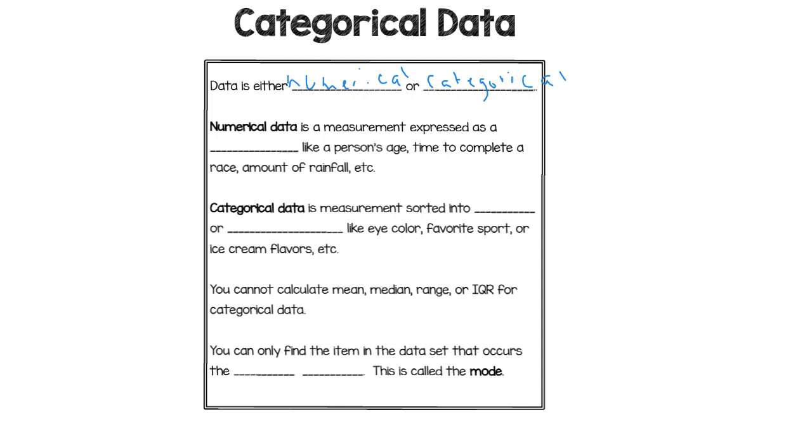Numerical data is a measurement that is expressed as numbers. So things like a person's age, how long it took you to complete a race, the amount of rainfall, things like that. Categorical data is a measurement that is sorted into groups or categories.